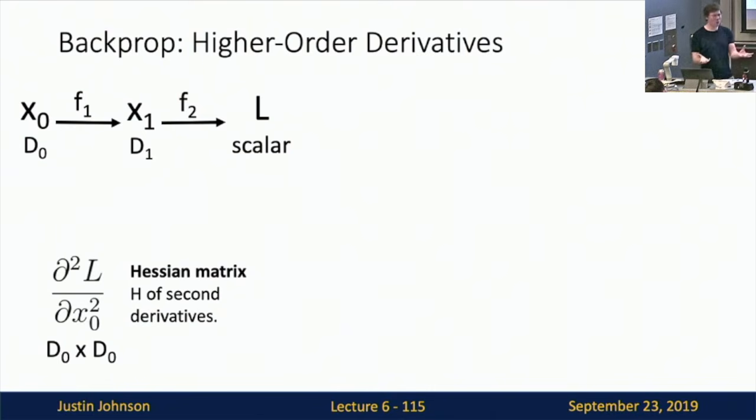Now, so far we've always talked about first derivatives. We always talked about gradients and Jacobians and normal derivatives. But in this case, the second derivative of the loss with respect to the input x0 is now a matrix that tells us all of these second derivatives. That is, if we were to change one element of x0 by a little bit and change another element of x0 by a little bit simultaneously, how much is the loss changing?